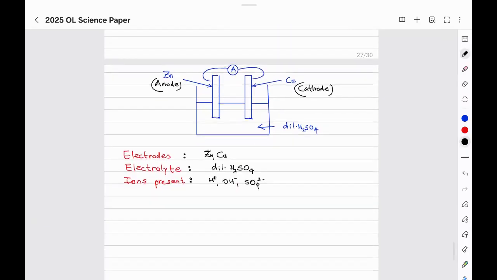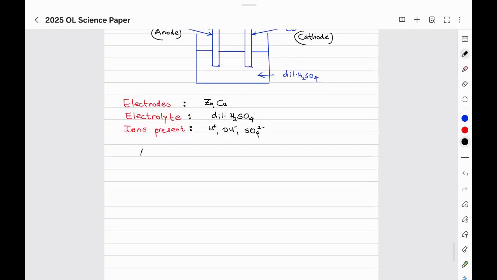Now, in the cell, when the cell is working, remember students, near the anode, the zinc is removing electrons and producing zinc 2 plus. Can you remember, removal of electrons is known as oxidation.